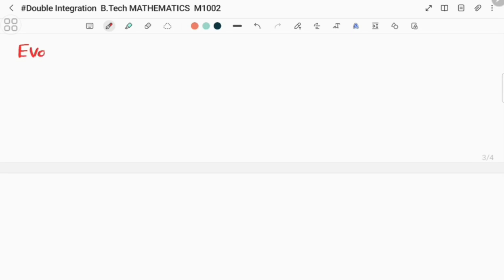Here only r dr you can take, the remaining is d theta. So this is equal to integral r dr. Integral x dx is x square by 2, so integral r dr means r square by 2. So 0 to pi, this value will become r square by 2, applying the limits 0 to a sin theta, into d theta.